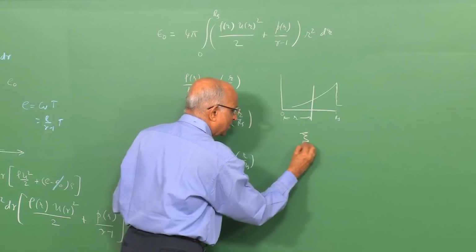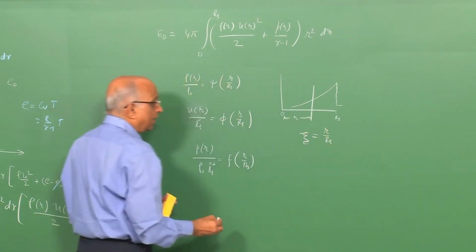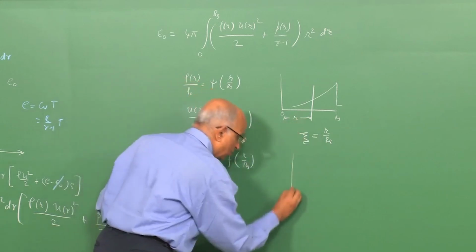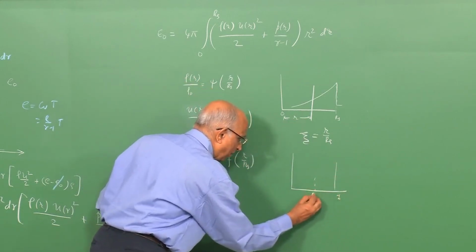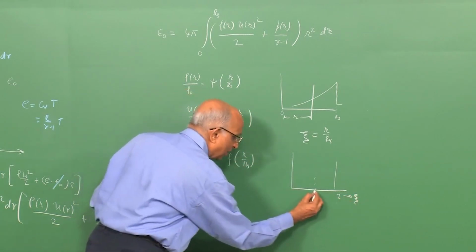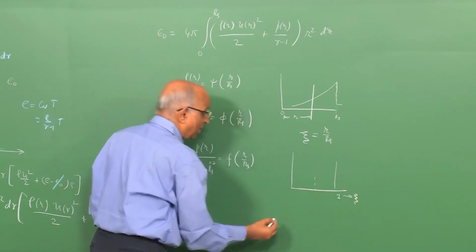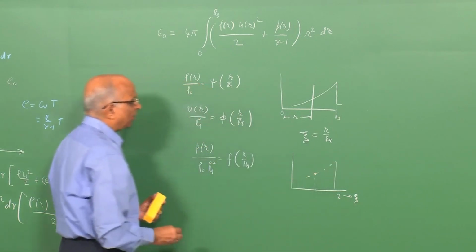Therefore, I can consider, let us say, zeta is equal to r by Rs, and I am considering the case wherein the lead shock is at 1. My coordinate shifts to zeta, I am considering the value of zeta which is less than 1, and I am looking at the property at this particular value of zeta.